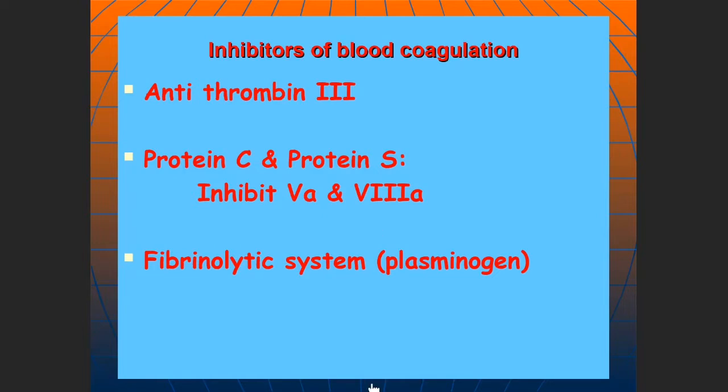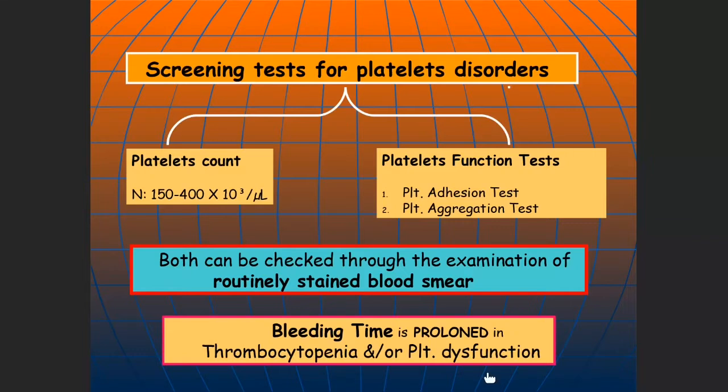Okay, this is normal hemostasis. Now we move to the screening tests for platelets. The screening tests for platelets include platelet count and platelet function tests.